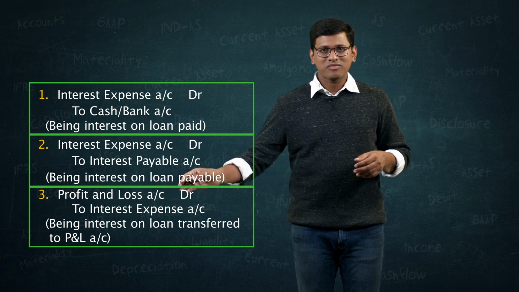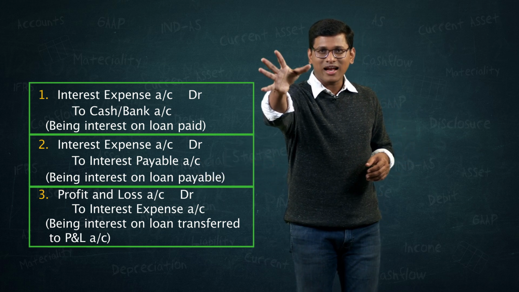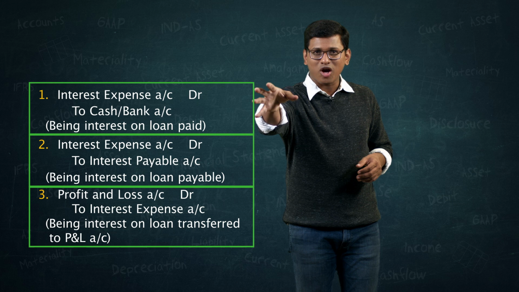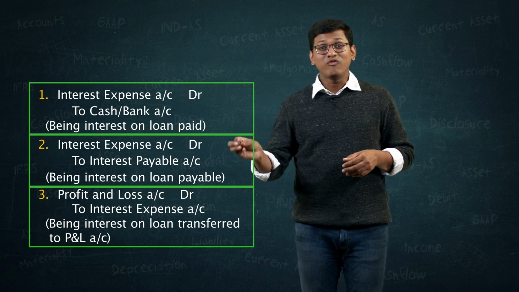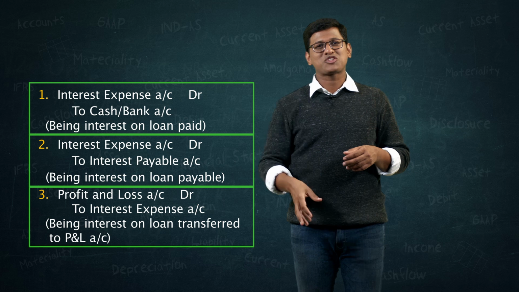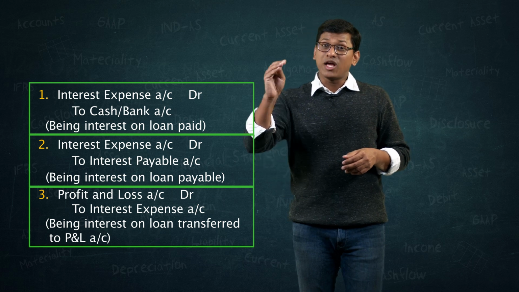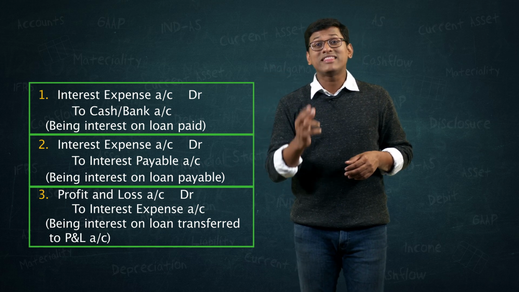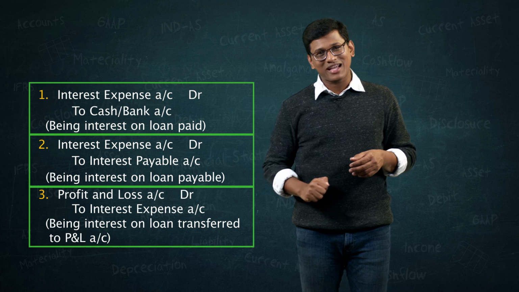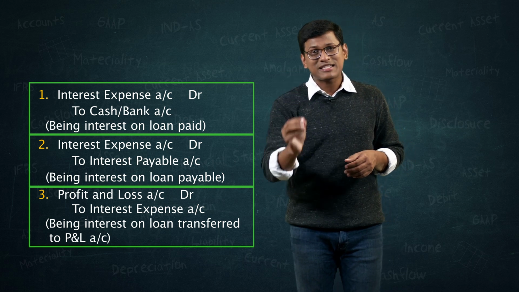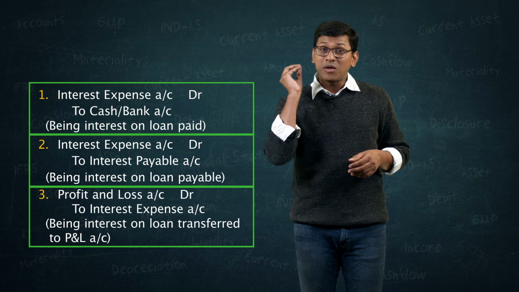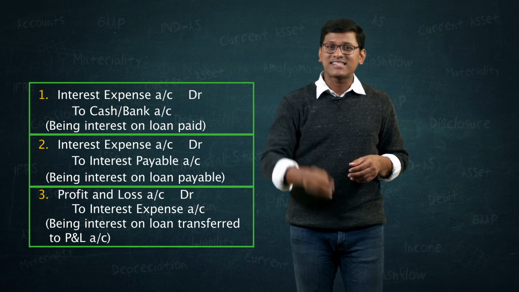This is the most common thing we do. But in certain cases, we don't debit interest expense to P&L, we debit that to the particular asset account. I repeat, in certain cases, we don't debit interest expense to P&L, we debit it to that particular asset account.